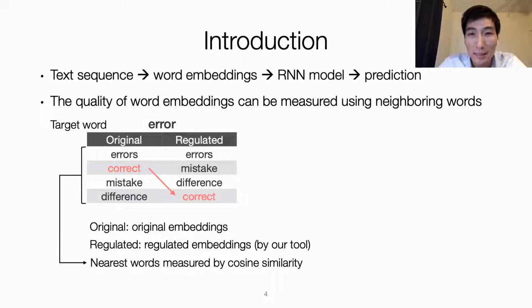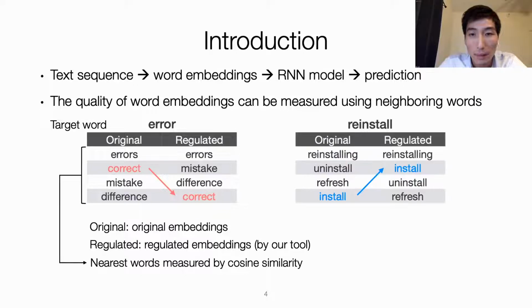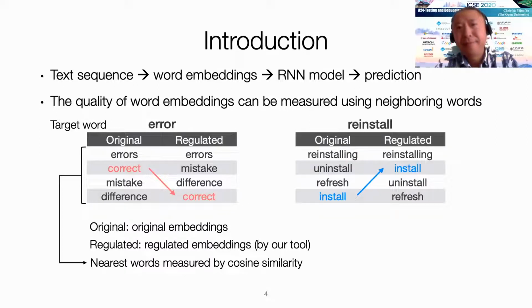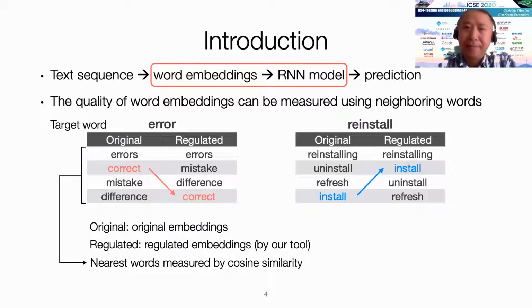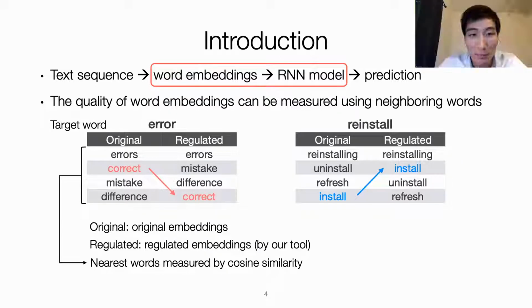We can see that word correct goes down on the list. Here is another example. The target word is reinstall. Our regulated embeddings move related word install up on the list. Although embeddings seem external to the model itself, they cannot be studied separately without considering the model. As such, we treat them as a whole during bug fixing.